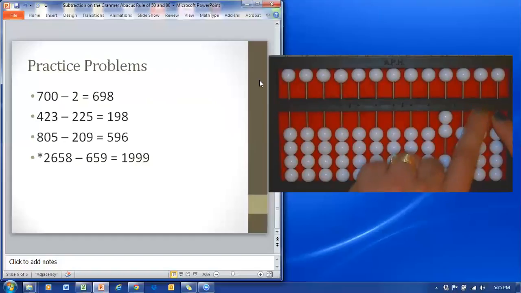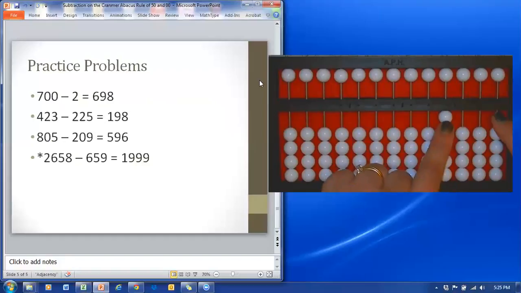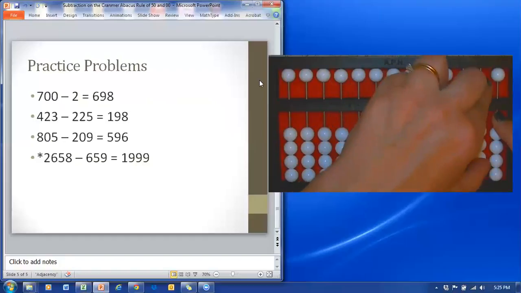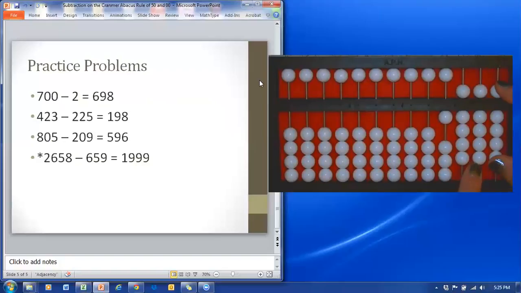So where's that next bead going to come from where I have a spot? That's clear over in the thousands place. So I'm going to move that down, but that means everywhere between my left hand and my right hand, I need to return. So I'm going to have to return the hundreds, the tens, and the ones for an answer of 1,999.